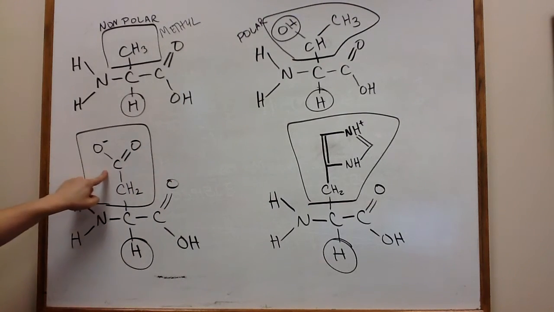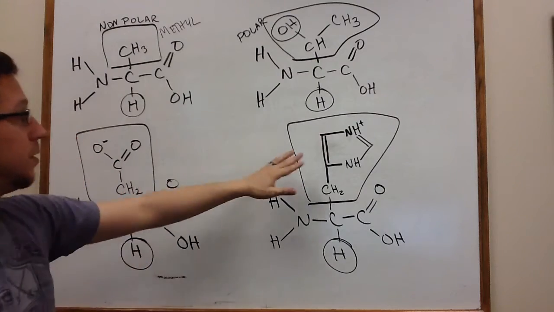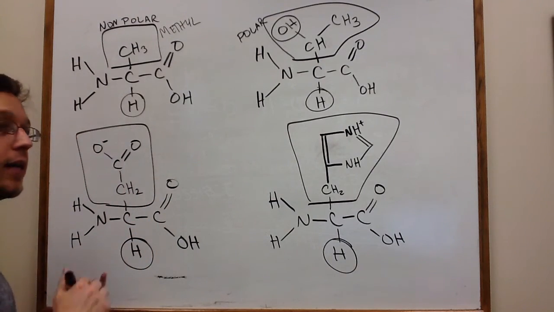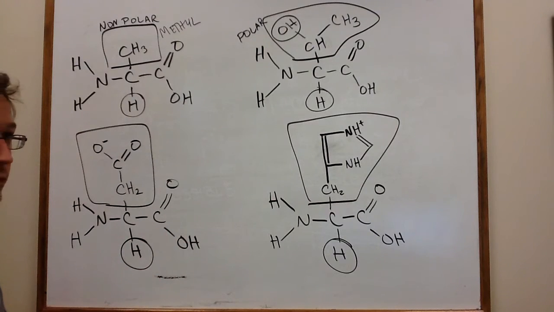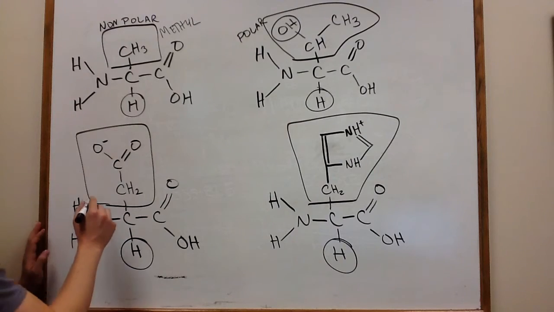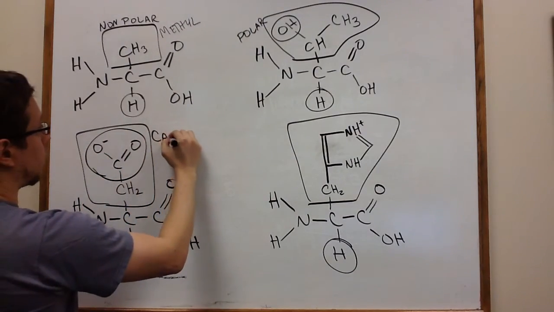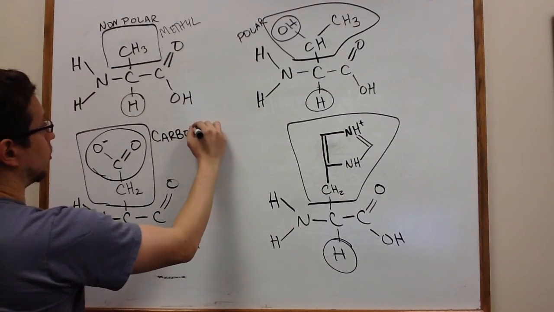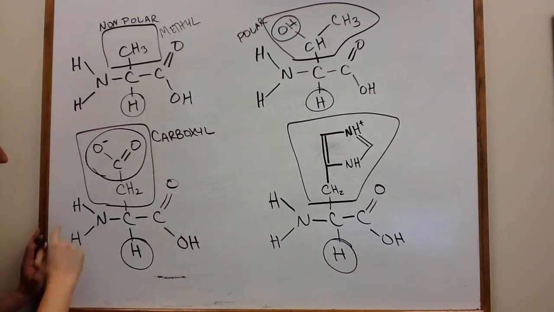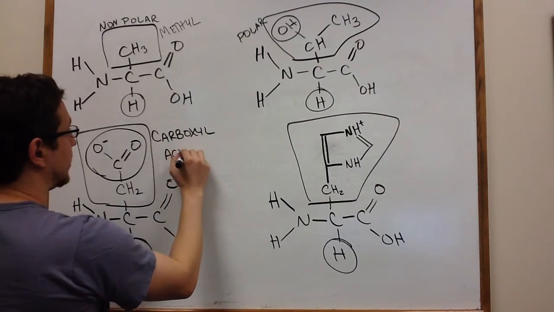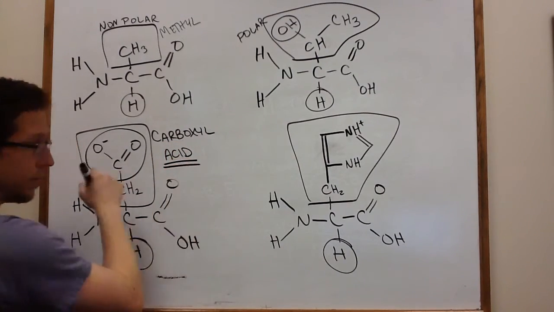Alright, finally, we know that each of these are those charged amino acids, which means that they either have to be acidic or basic. Now, for the acidic ones, it's pretty easy to recognize because this is actually an ionized form of the carboxyl group. And you'll remember that anything that contains a carboxyl group is classified as an acid. And this is as well.